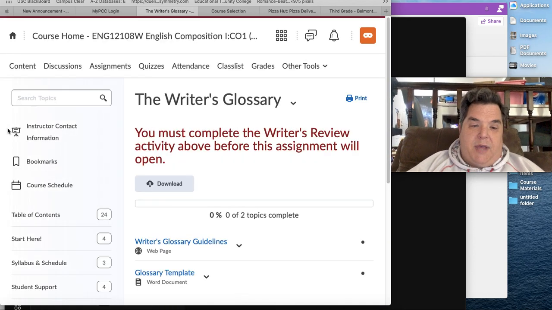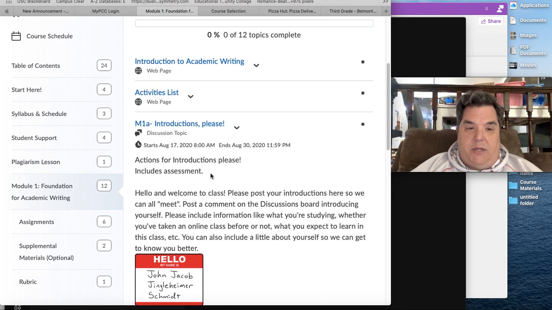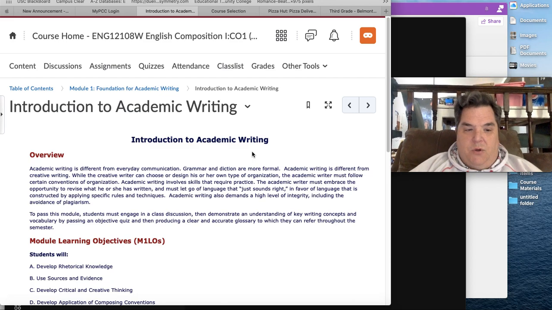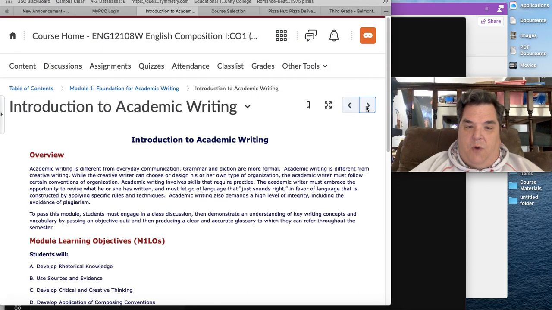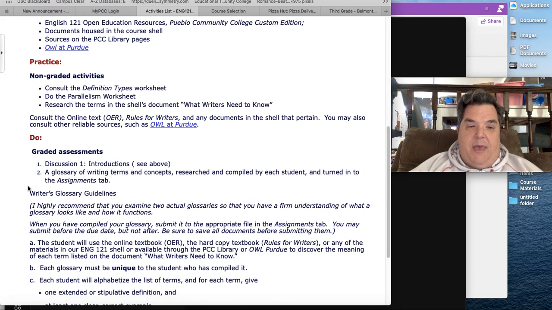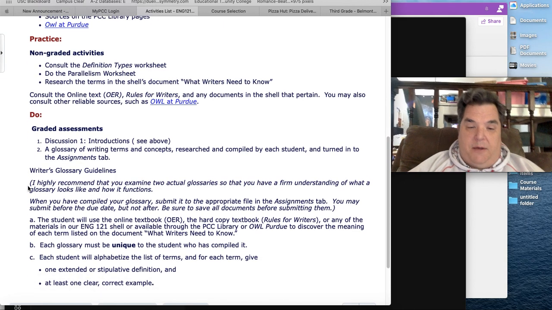If you go into the content and take a look at Module 1, Foundation for Academic Writing, you have the introduction with the overview and then the activities list, and everything you need to know is in here.